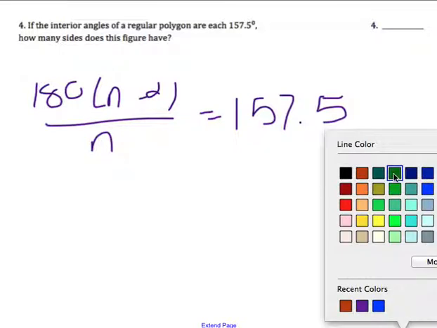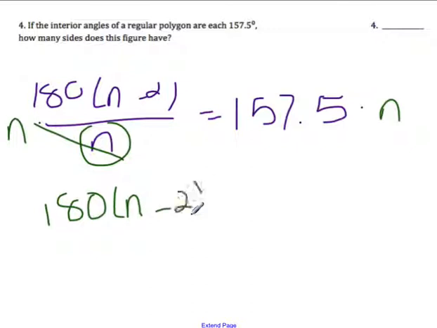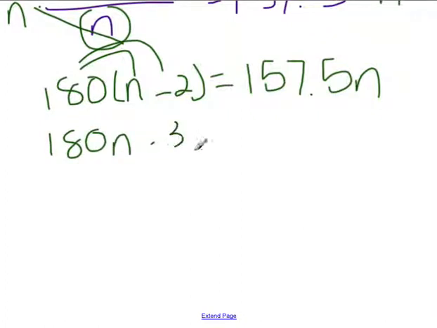Since this is being divided by n, I'm going to multiply both sides by n. That cancels that out. Now I have 180 times n minus 2 is equal to 157.5n, because that's what happens when you multiply the two of them. The next thing I want to do is distribute in this 180. So I get 180n minus 360 is equal to 157.5n.